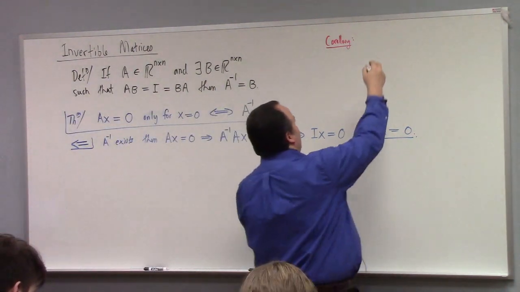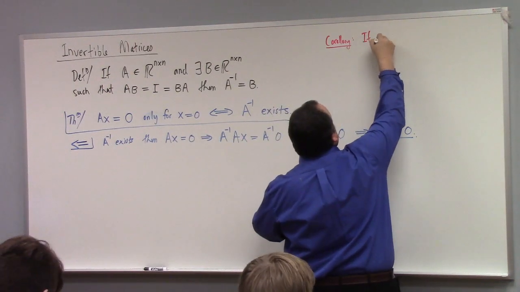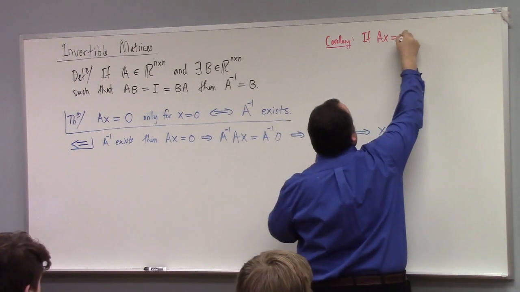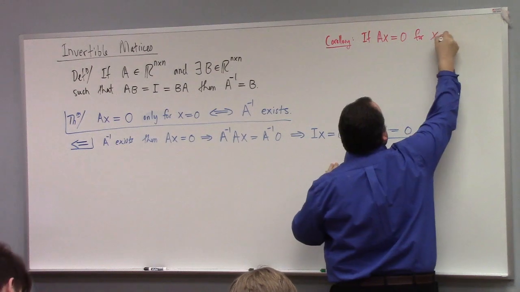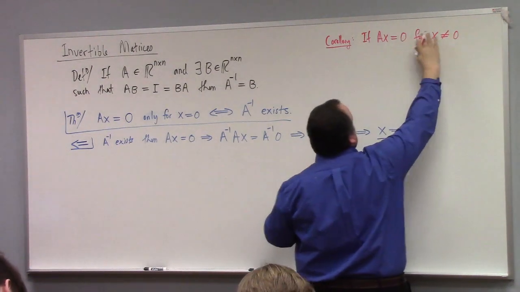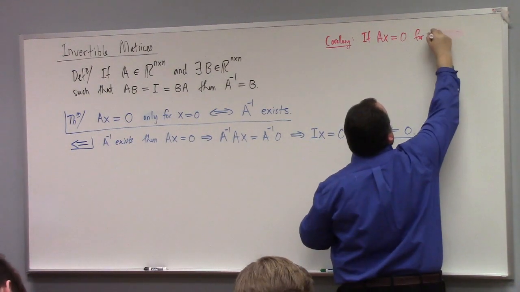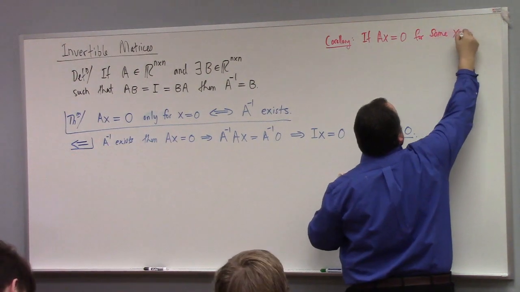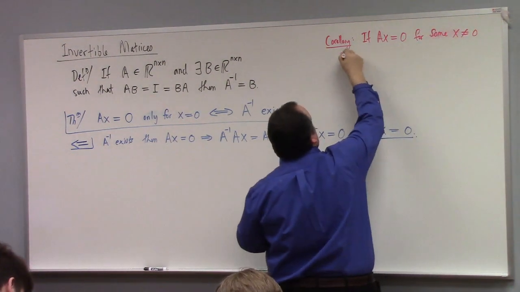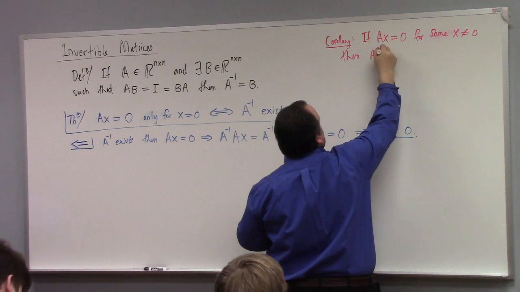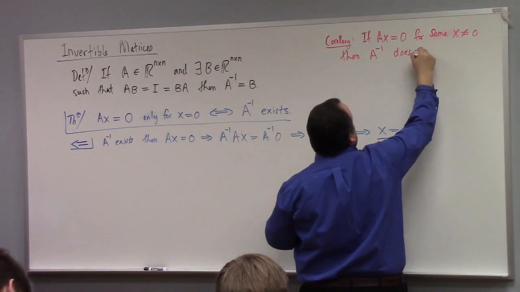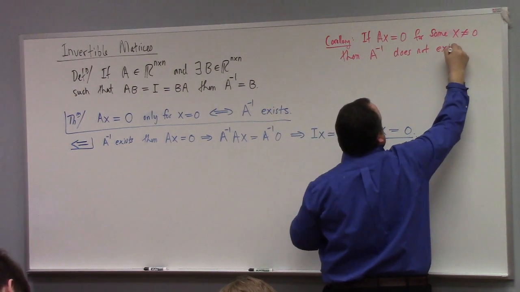Anyway, corollary: if AX equals 0 for some x not equal to 0, then A inverse does not exist.